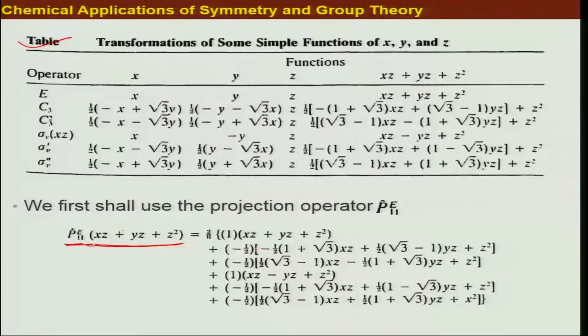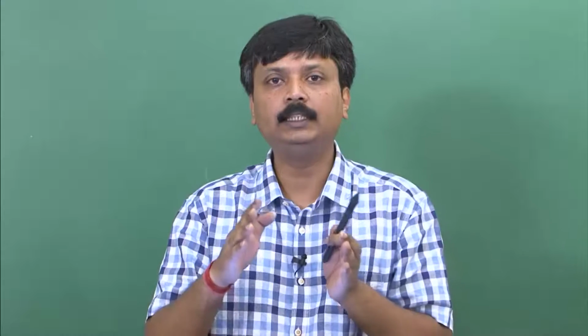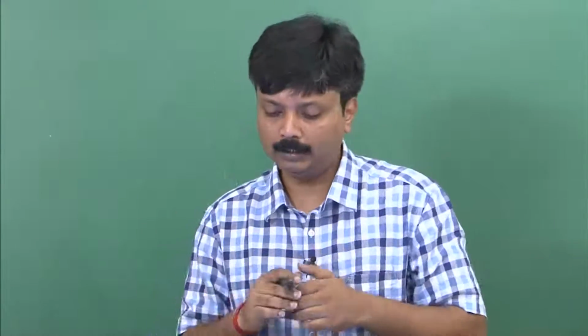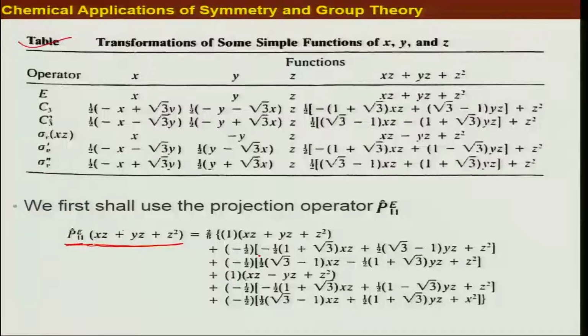Yes, so we are first multiplying by minus half, and then it will be multiplied by the resultant of the operation of C3 onto the function xz plus yz plus z square, and this particular term given here can be found over here. You can see that is this particular part.